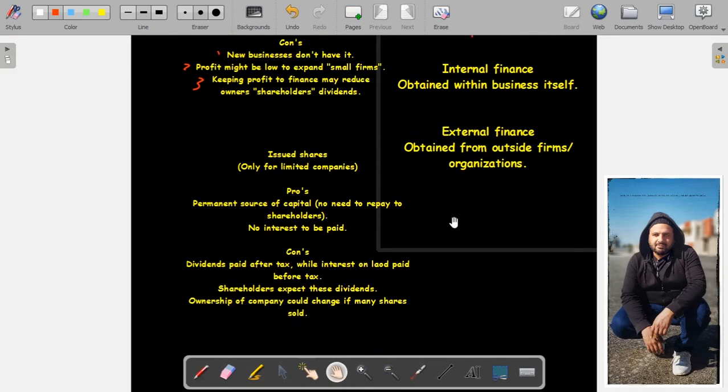So this is the first external finance method, the issued shares. There are pros and cons: the first advantage, the second advantage, and as for the disadvantages, there are three of them. That's about the issue of shares.